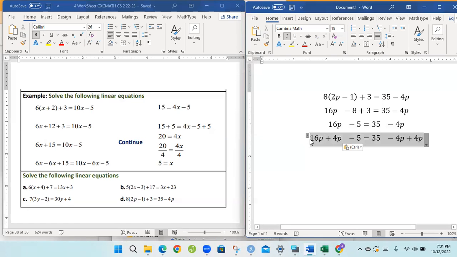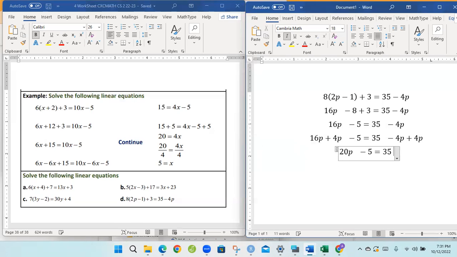Negative 4p plus 4p cancels out. And 16p plus 4p is 20p. So we end up with 20p on the left and no p on the right.